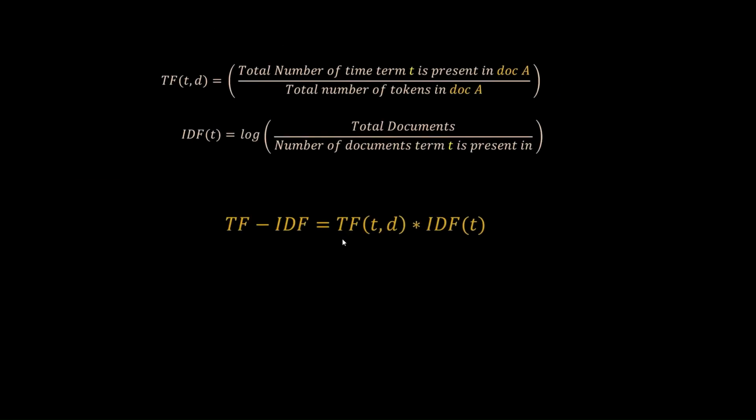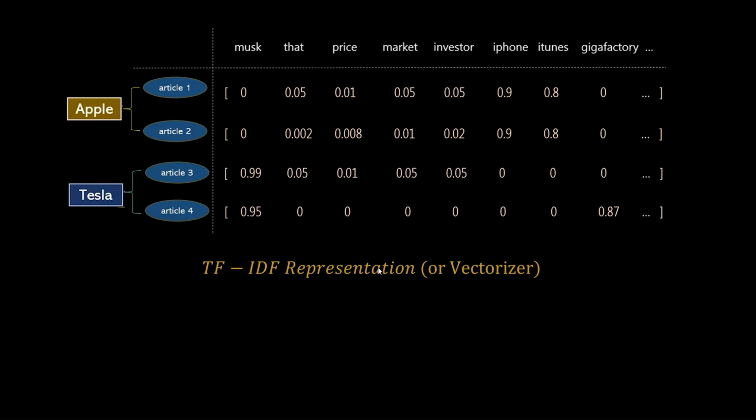Now TF-IDF is simply the multiplication of term frequency and inverse document frequency together. This is the TF-IDF representation, or the vectorization, of these documents. It is very clear that Musk is given high priority and a high score of 0.99 in these two documents compared with all other documents. The meaning is these two documents are close together.